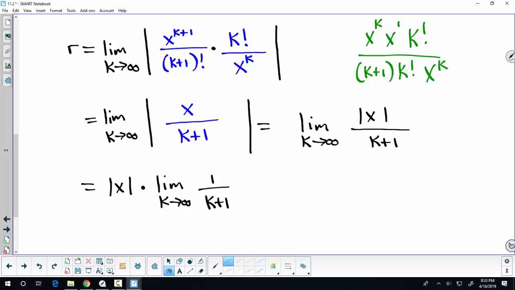So it's 0. Let's look at it like this: our ratio r is the absolute value of x times this limit, which is 0. So let's stick with that for a moment.